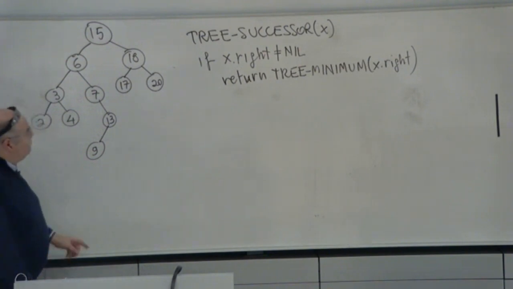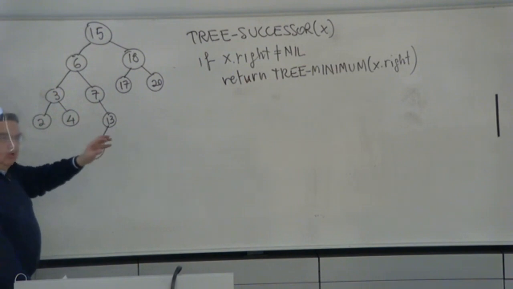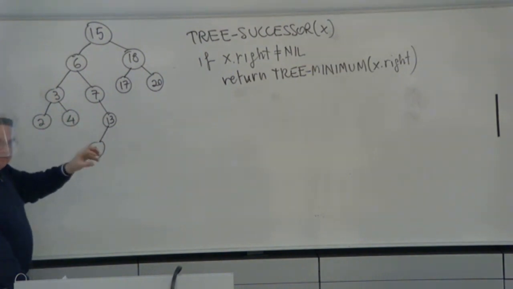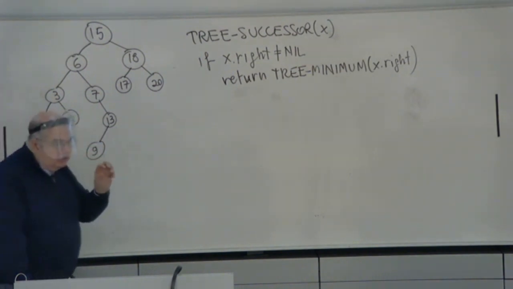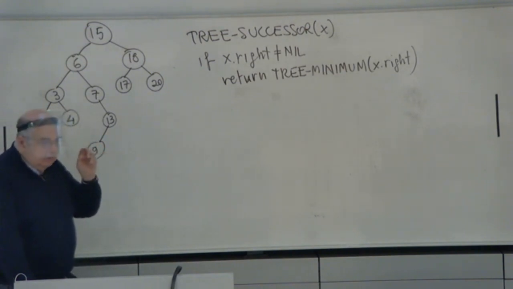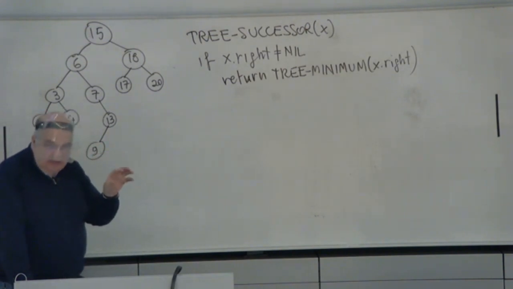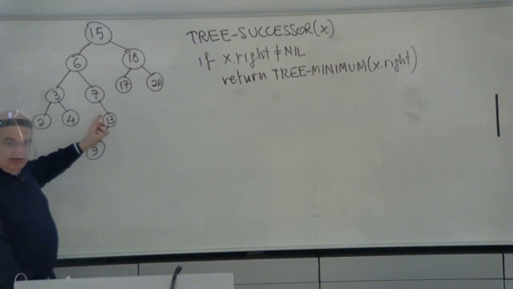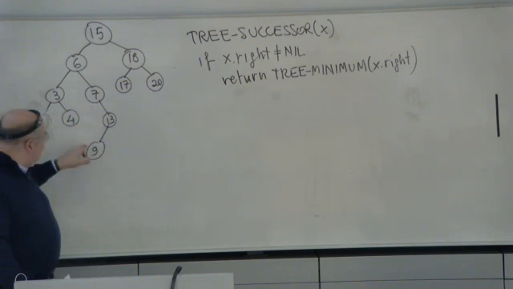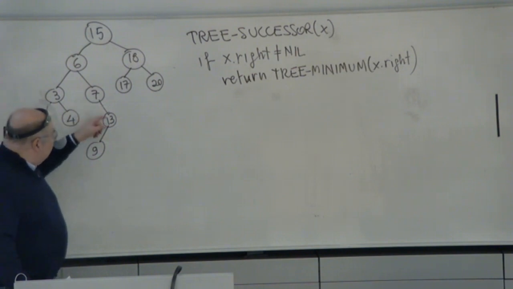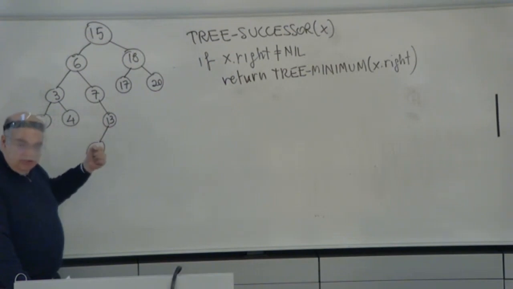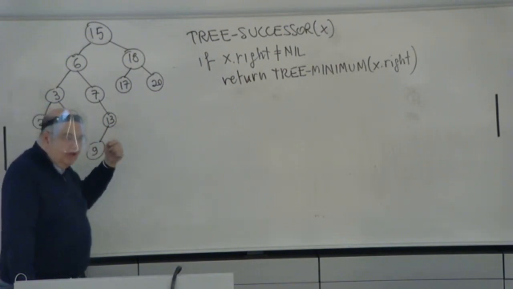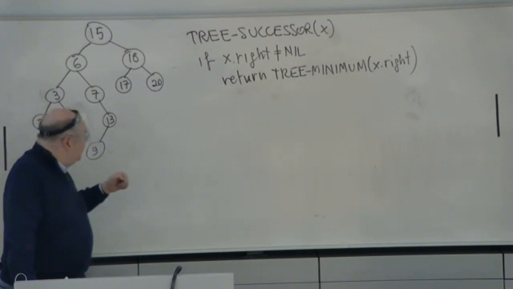Well, this is the first case where the node has a right child. If the node has a right child, we can find the elements that are greater than the node. So for 7, 13, and 9, these elements are the closest because of the property of the binary search tree.